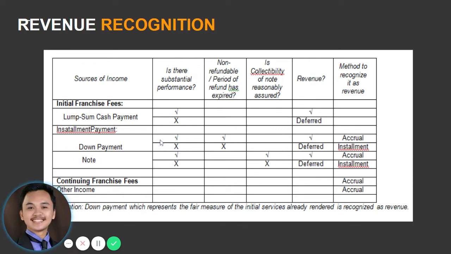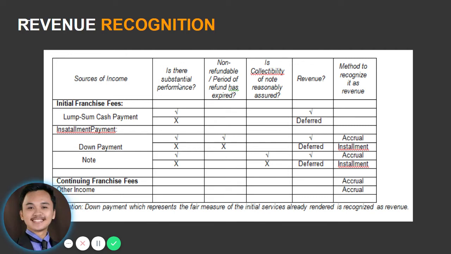If there is substantial performance, then we also need to consider whether it's refundable or if the period of refund has already expired. If it's non-refundable, then we need to recognize it directly as revenue and account for it under accrual basis. So again, in accrual basis, we recognize income the moment we have earned it.